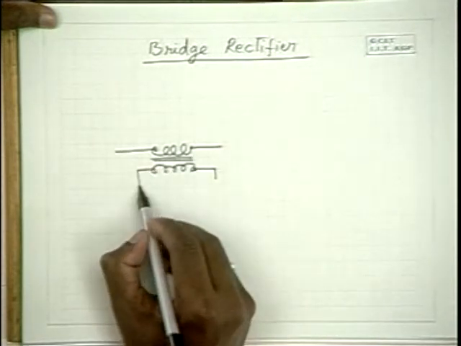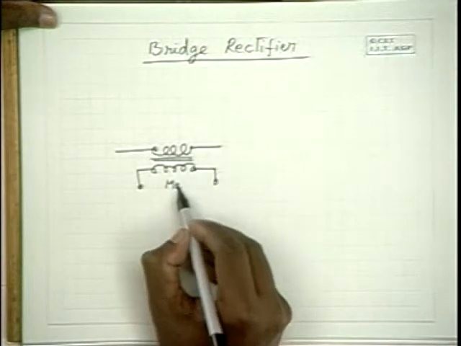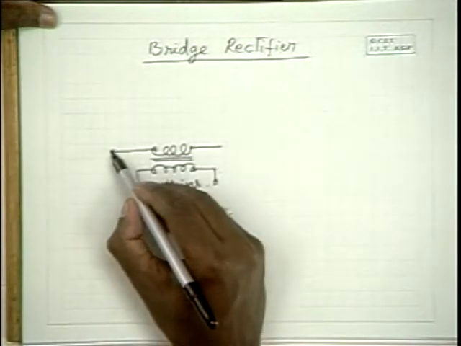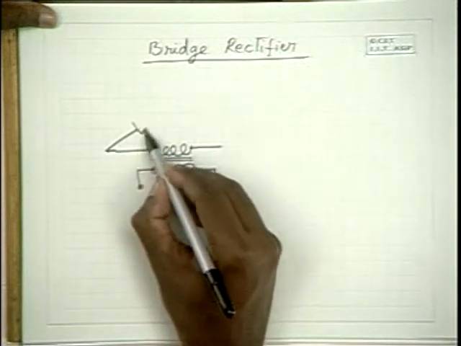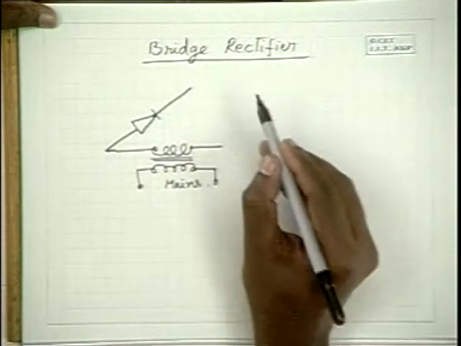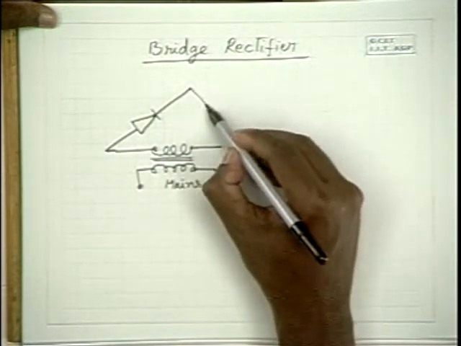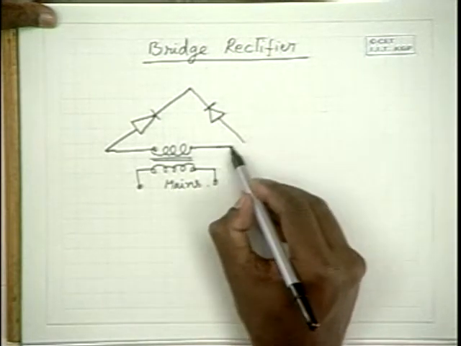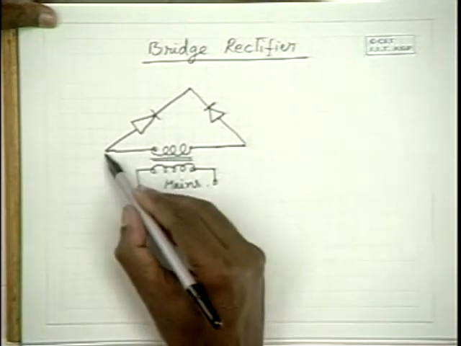This is a transformer, and this is the main supply, and then a bridge circuit with the diodes connected in this fashion is used.